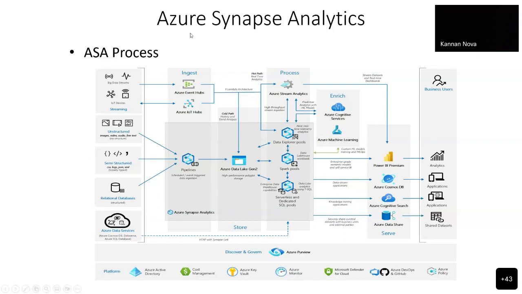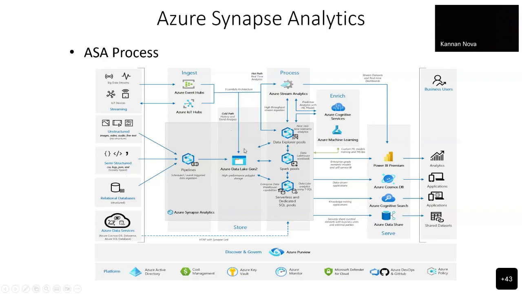This is the internal flow. The first one showed the capabilities or components of ASA. This is the entire process, the detailed architecture. On the left side, whatever we saw on the previous slide, it's the same thing.